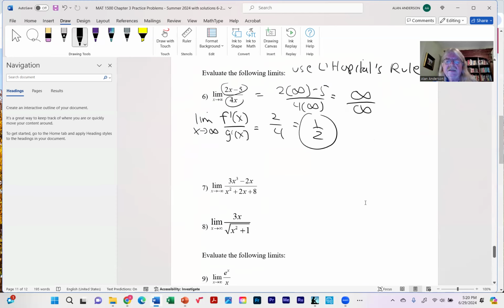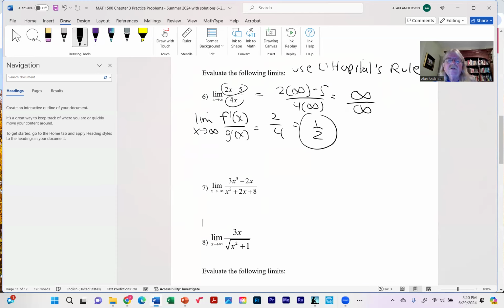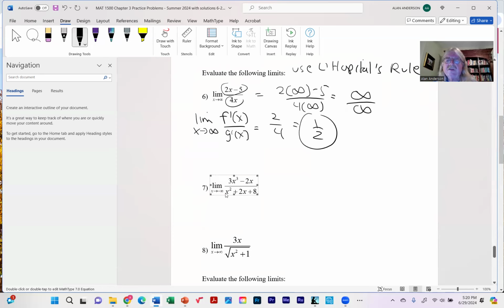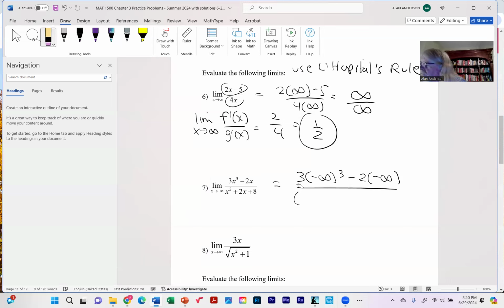All right, now how about this one? Well, you can see just by looking at it, this is, by the way, negative infinity. You have to look very carefully at it. So you're going to end up with this negative as well.